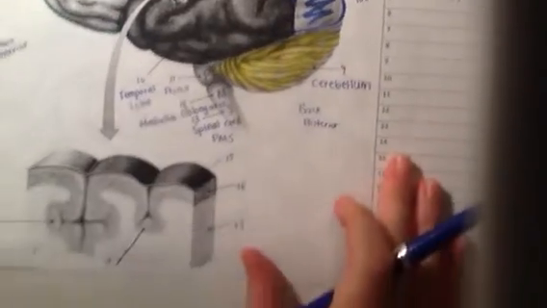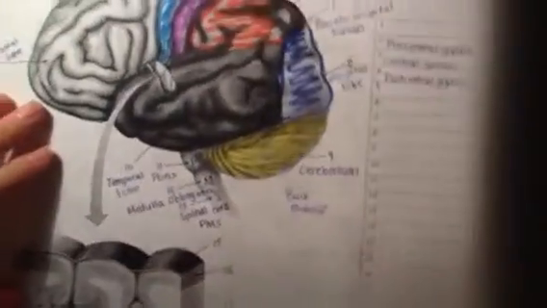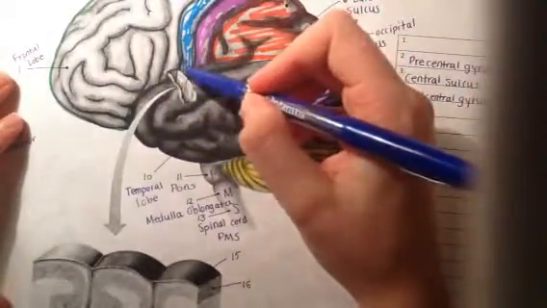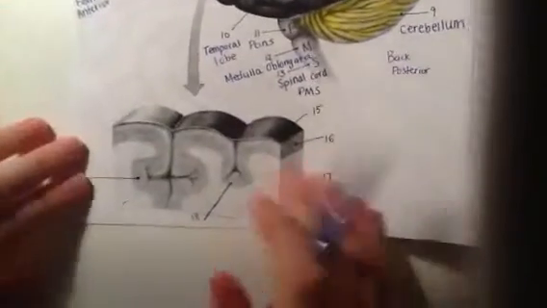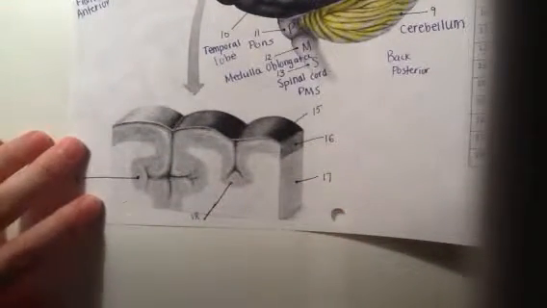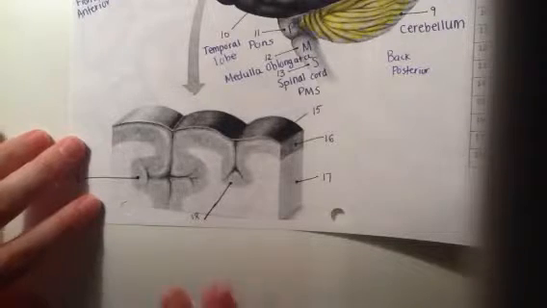Okay, 15, 16, 17 down here is just like if I take this chunk right here out of the brain and I put it right here. You can see a cross section of what the brain looks like if I'm going from superficial to deep.